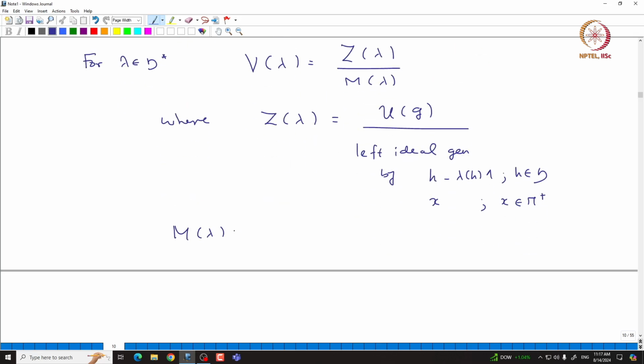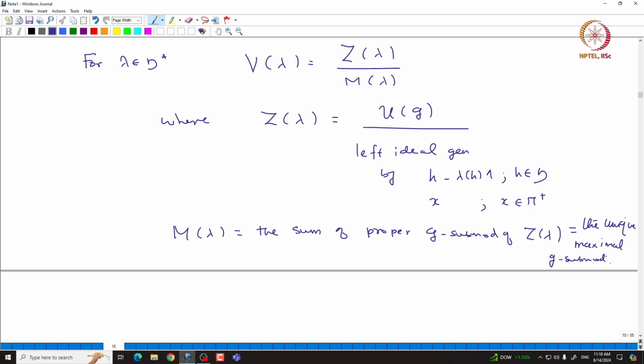M of lambda is the sum of all proper G submodules of Z lambda, and we observe that this is the unique maximal G submodule.